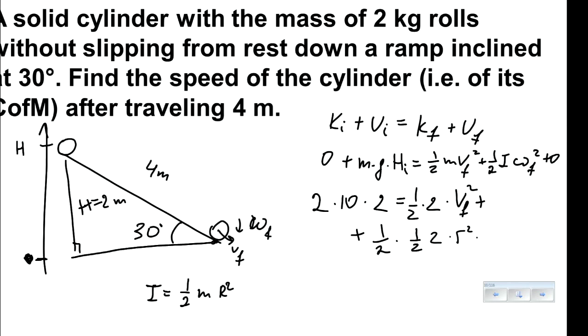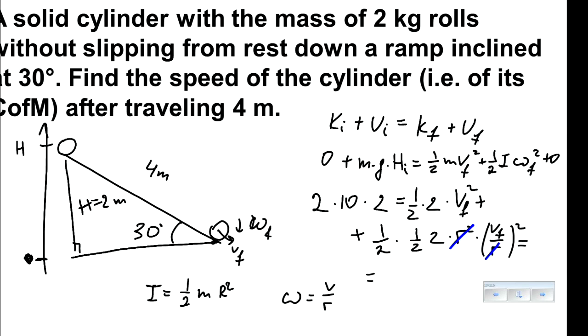Now, it should be angular speed squared. And the angular speed for the motion with no slipping is related to the linear speed. So we should write final speed over r squared. And so lucky we are again. It's a good day to be alive. Radius getting cancelled.